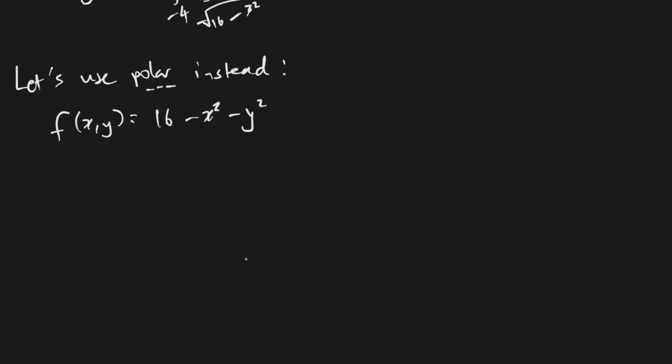And we want to turn that to polar. Remember that when we are going from Cartesian coordinates to polar coordinates, we need to use this formula, x squared plus y squared equals r squared. And we see we have this minus x squared minus y squared, which equals minus r squared.